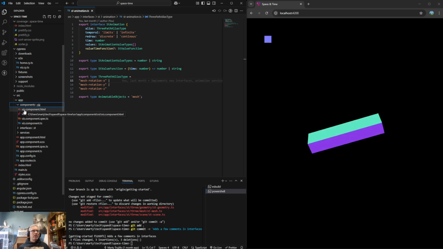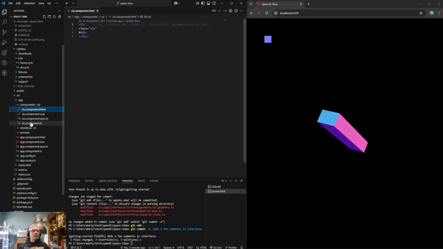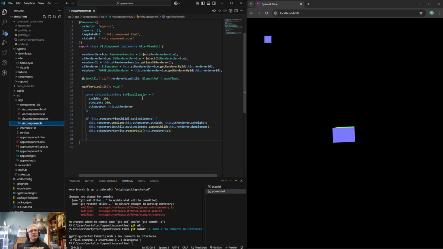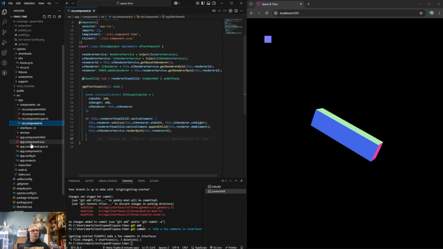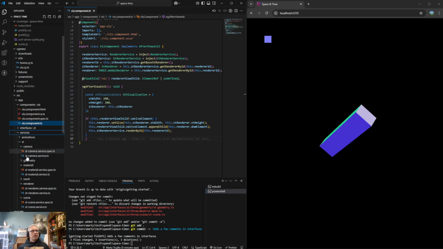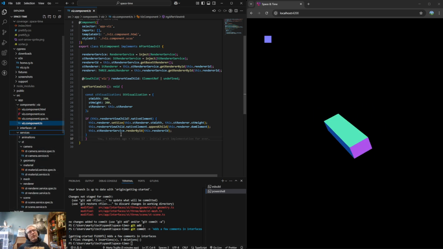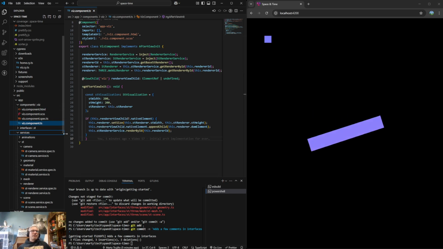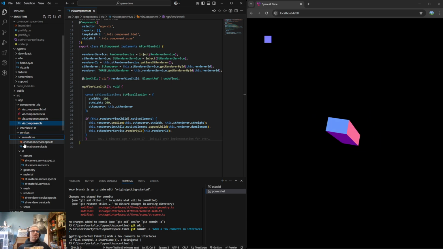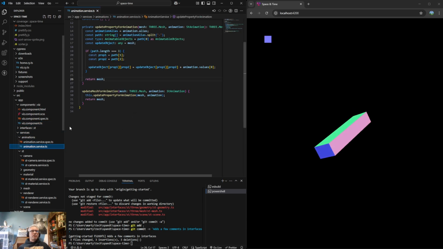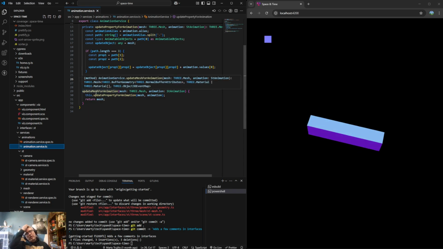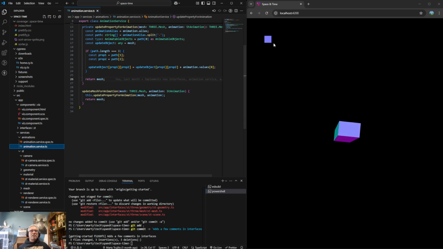We know that. And basically what I want to do is for this to attach a functionality from this animation service, and then the animation service would know how to update this mesh, this visualization.